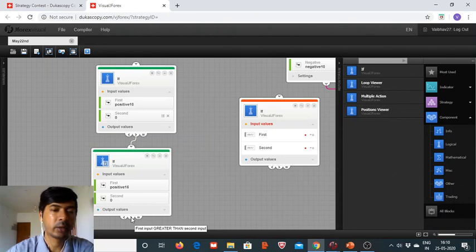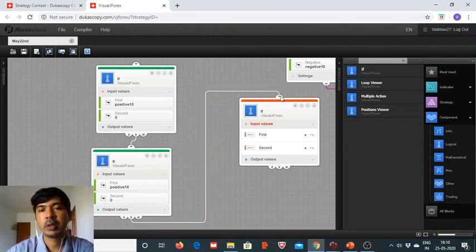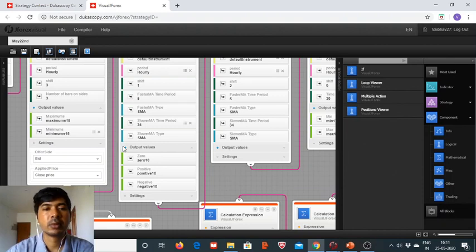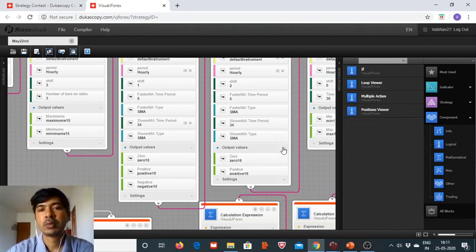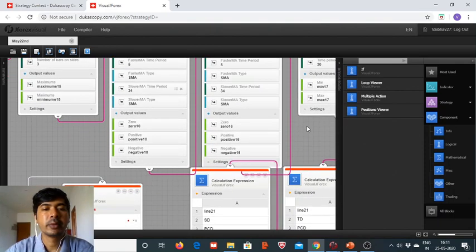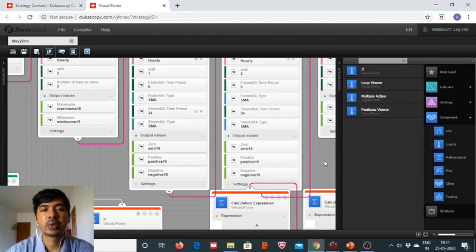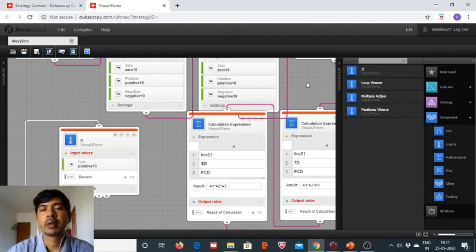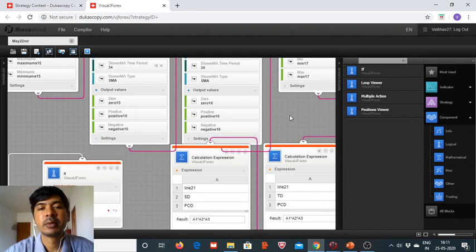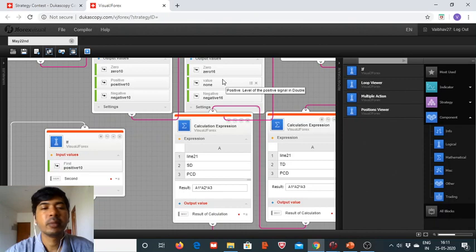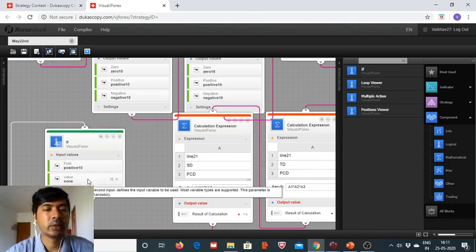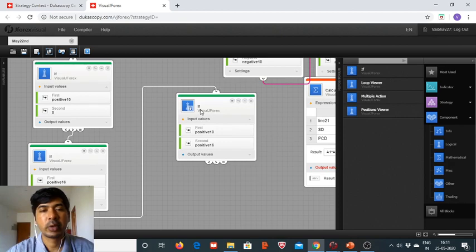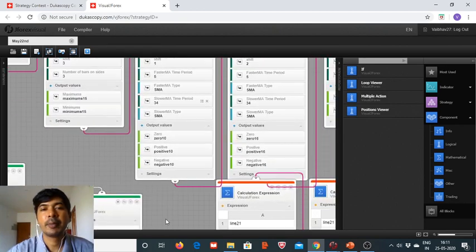We also need this to be greater, and then the positive 10, so here is shift 1 shift 2 values, and we want the positive 10 to be always greater than the prior numbers, and here the positive 16 is now less than the positive 10, which means momentum is picking up.